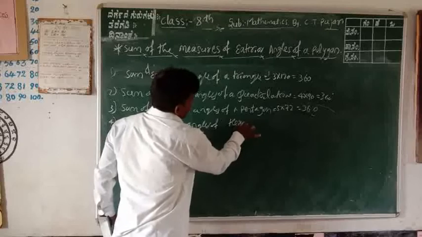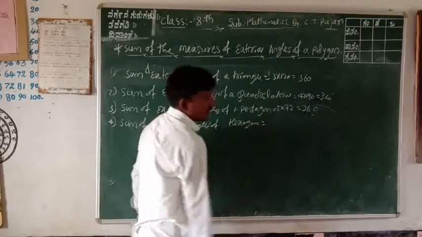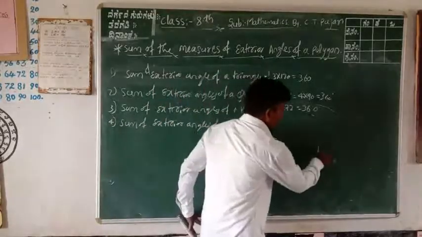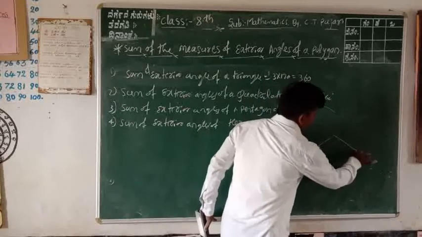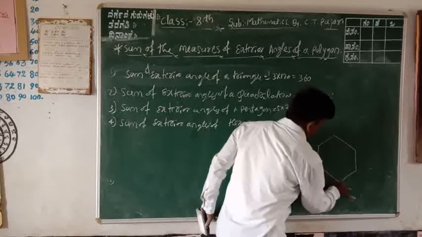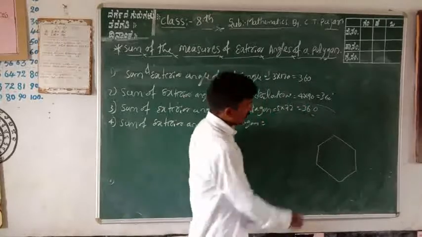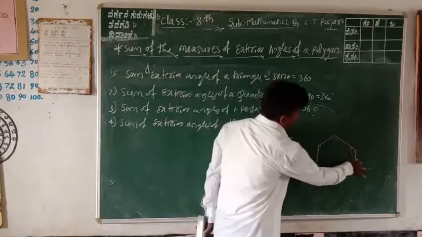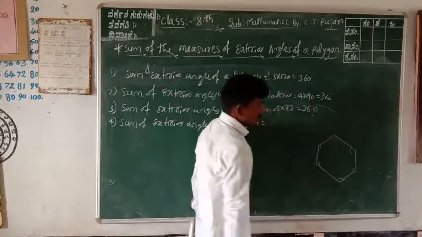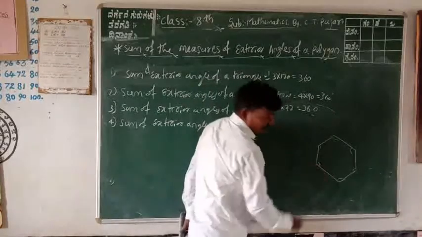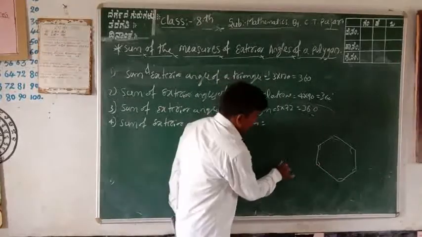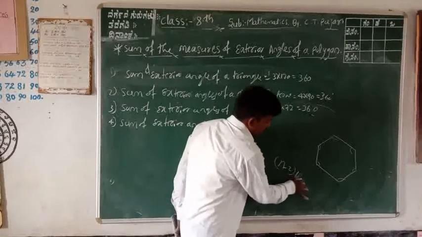In a hexagon, 6 sides are here. A regular hexagon: regular means all sides are equal. Therefore, 6 angles are here. How much is one angle? You can use the formula (n minus 2) into 180 degrees divided by n.